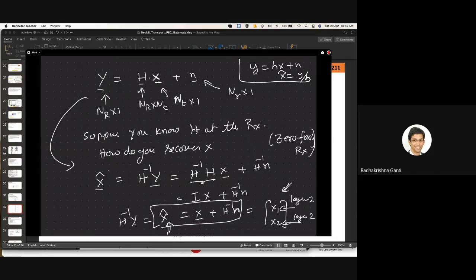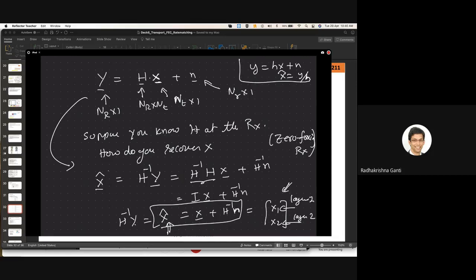So what is the assumption that we made here? The assumption that we made here, as Srivastava is pointing out, is that H inverse exists.